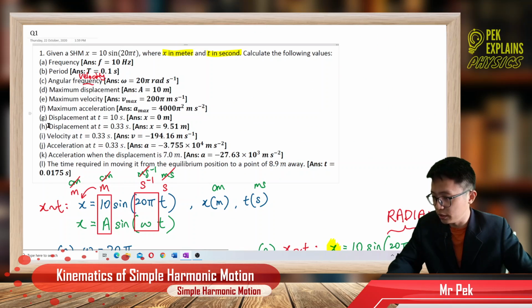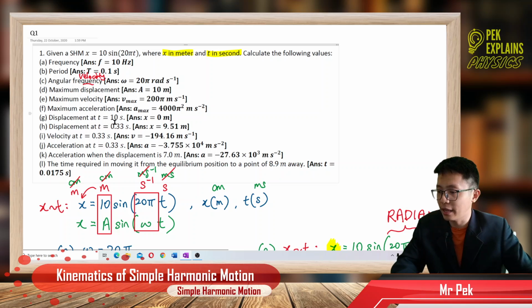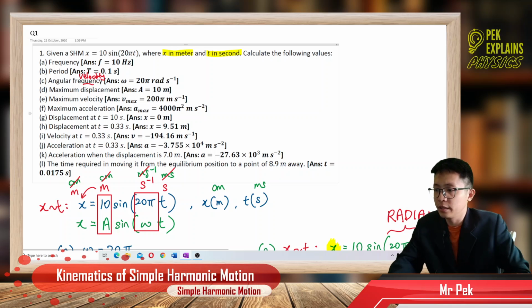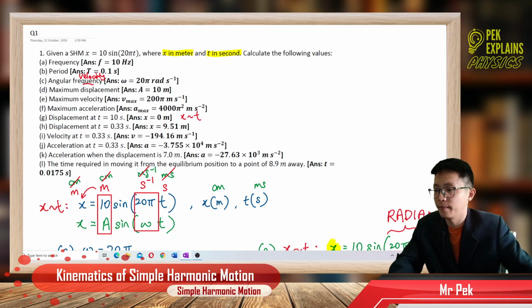Now, what's G? G, he asked for displacement at time equal to 10 seconds. So we want to find displacement at a given time. So we use the equation that gives displacement versus time, so we need the x-t equation.